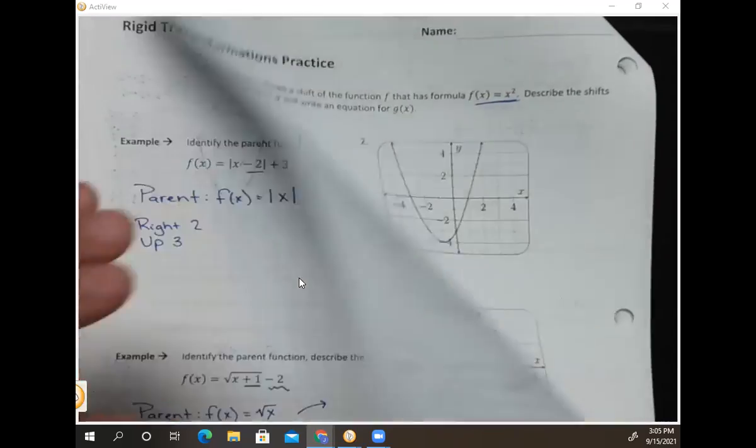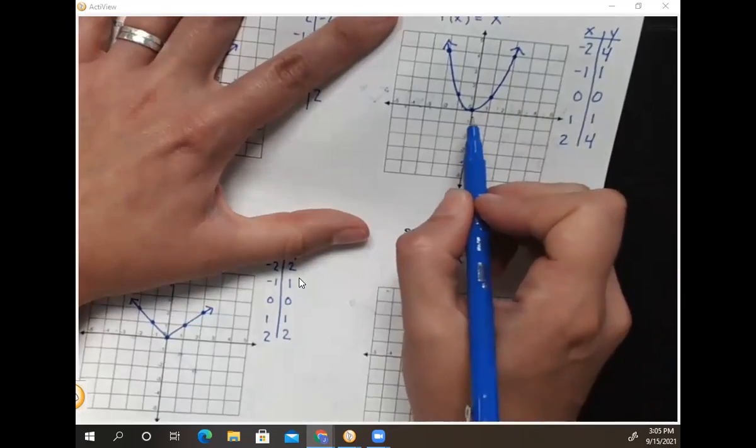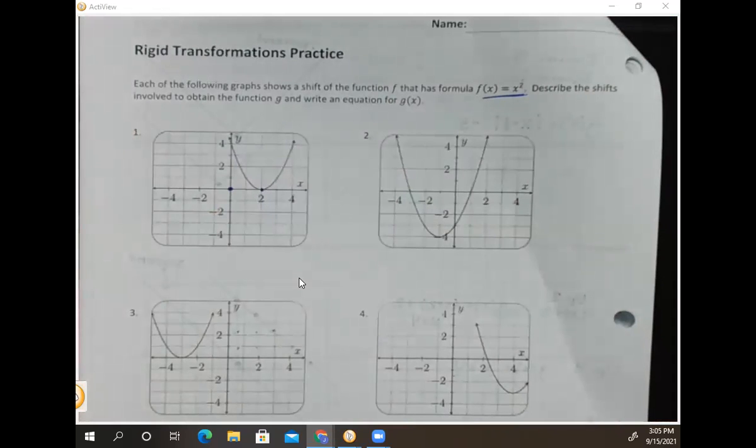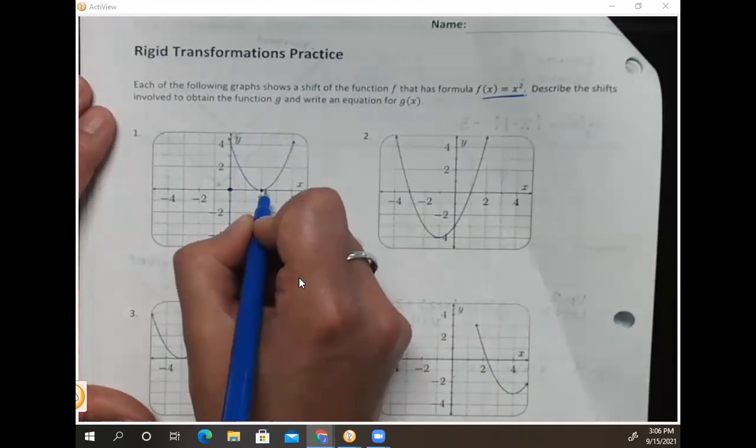If I flip back to where we graphed our parent graphs, there's my quadratic function. Its center point was at the origin. So I'm just going to plot that here so I've got that point for reference. How did I change to get the child graph? How did I get from here to here?